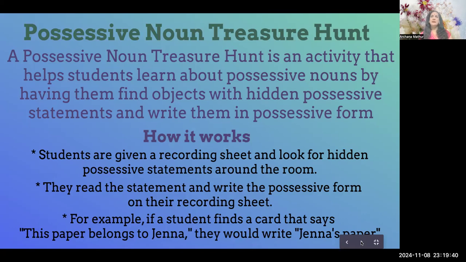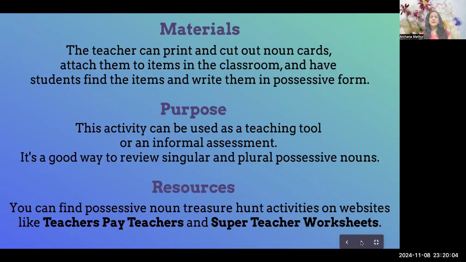Then, this pen belongs to Mrs. Sharma. Mrs. Sharma's pen. So they get the clues in the form of written cues, and then they make possessive statements about them. And that's how they learn the way you use the possessive form of the noun.